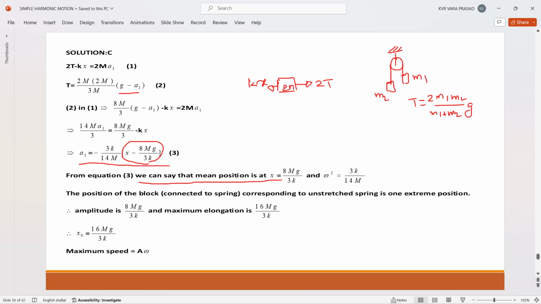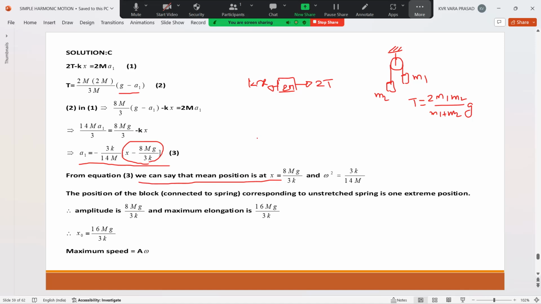And we have one more condition. The block starts from rest when there was no compression, no elongation. That means x equal to 0 corresponds to one extreme position. Why extreme position?